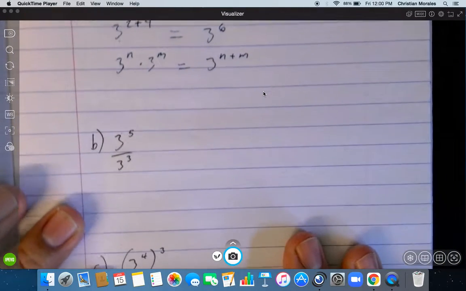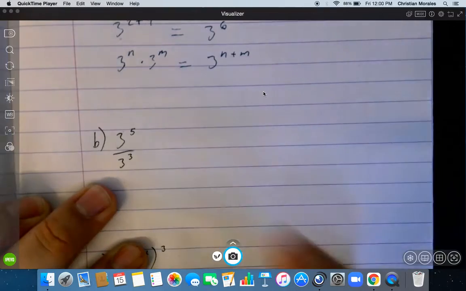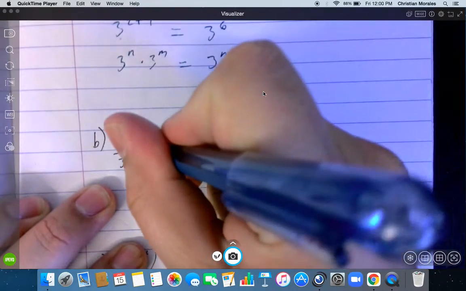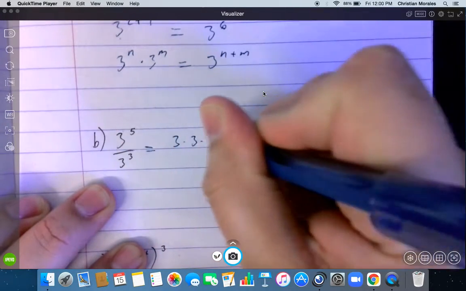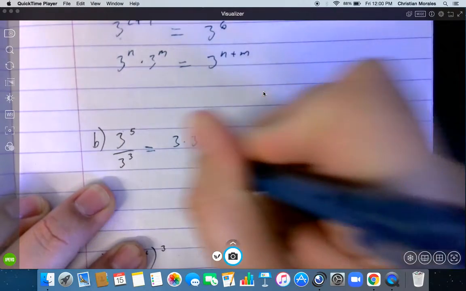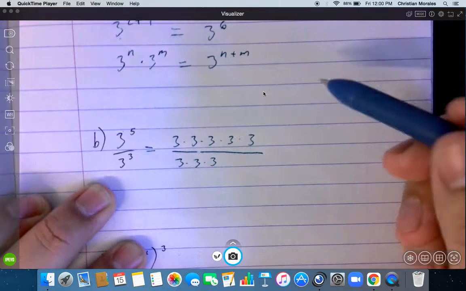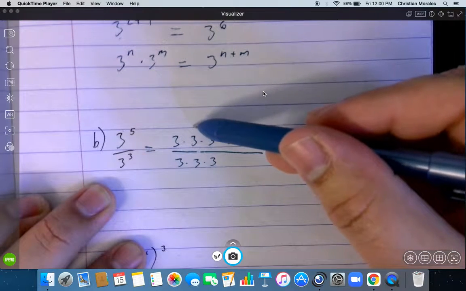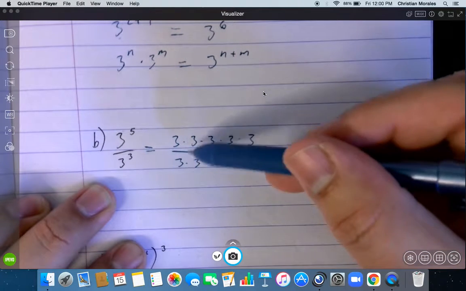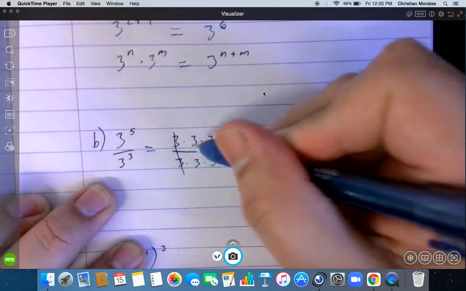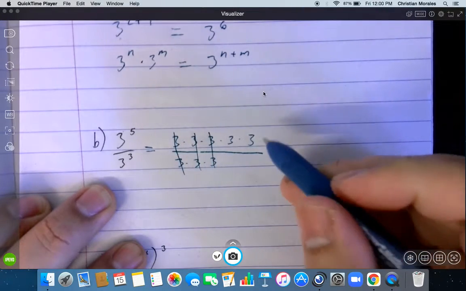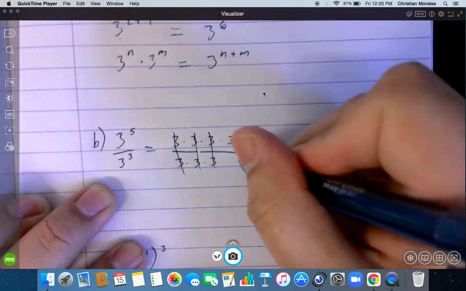What if you're doing this problem? Well, if you do the extended problem here, 3 times 3 times 3 times 3 times 3 over 3 times 3 times 3. When you're dividing the same number as your numerator and your denominator, what happens is they cancel out. Now you don't get 0 on the bottom, you get 1.